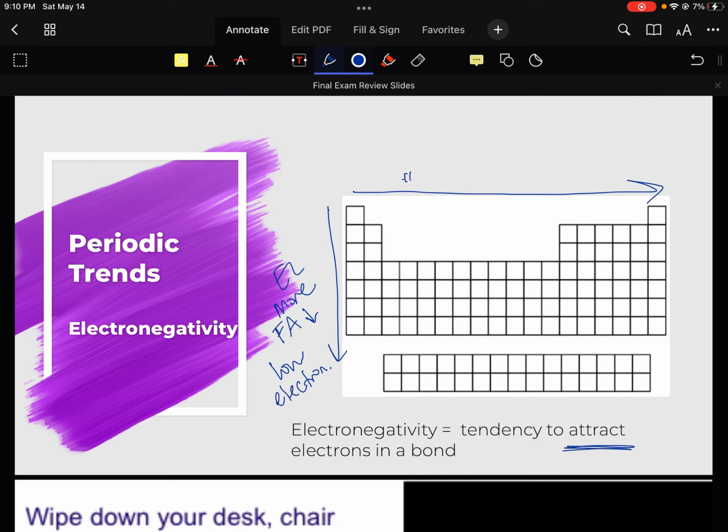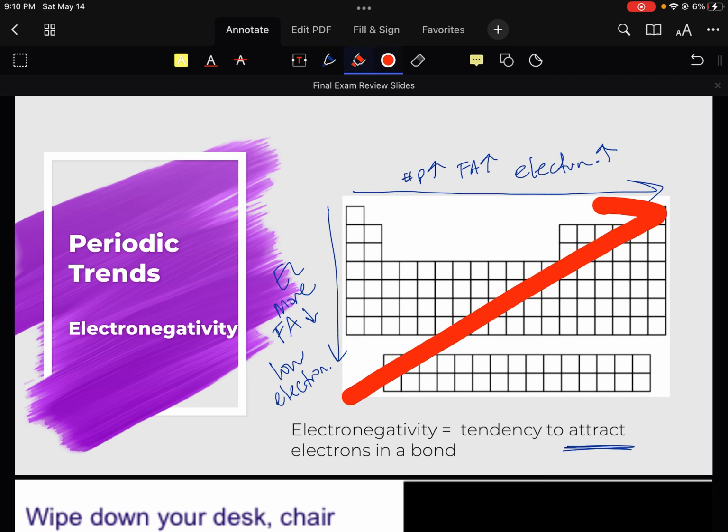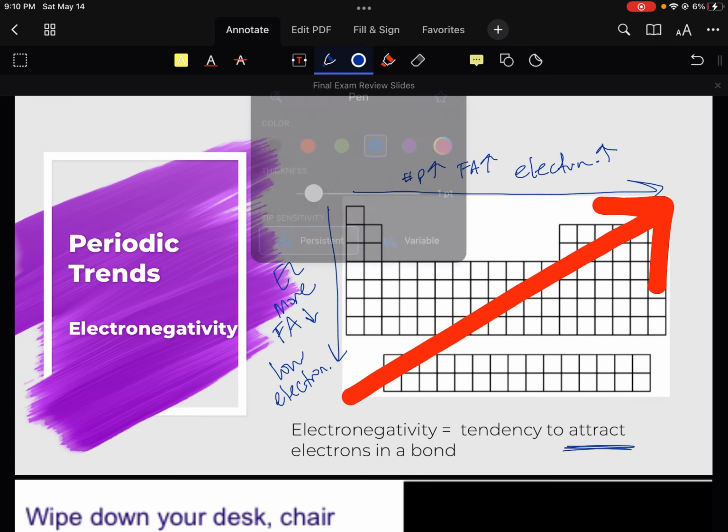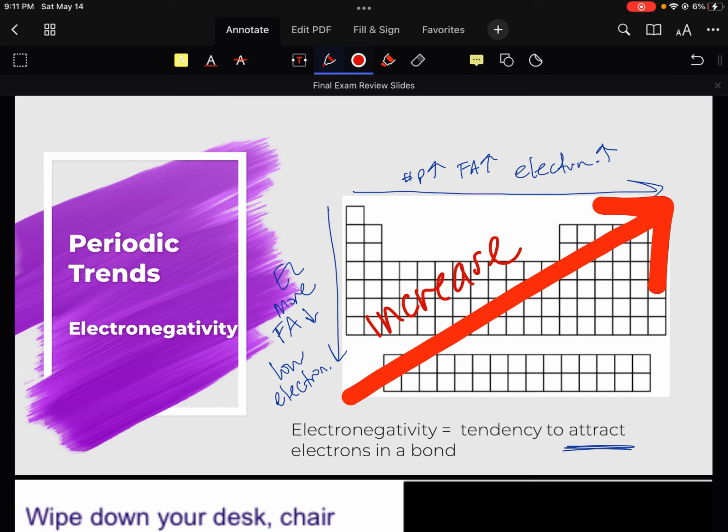As we're going over this way, my protons increase, my force of attraction increases. So that means I can attract electrons pretty well, because my magnet is getting bigger. So again, we are increasing as we go up, because we're getting fewer energy levels, or we're getting more protons for a bigger magnet.